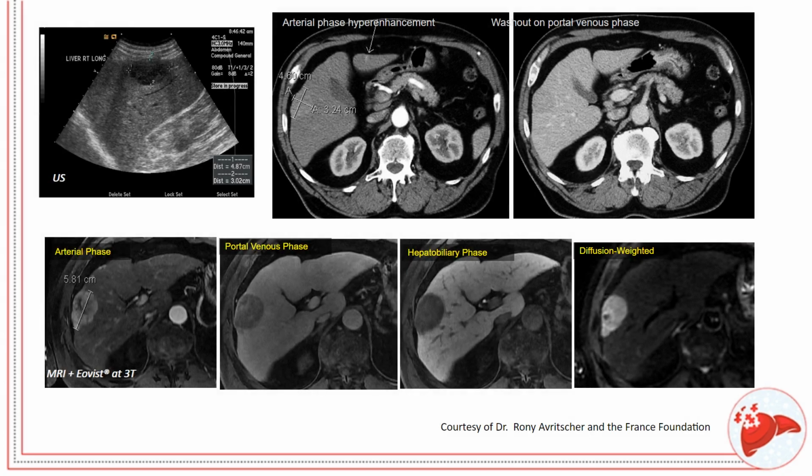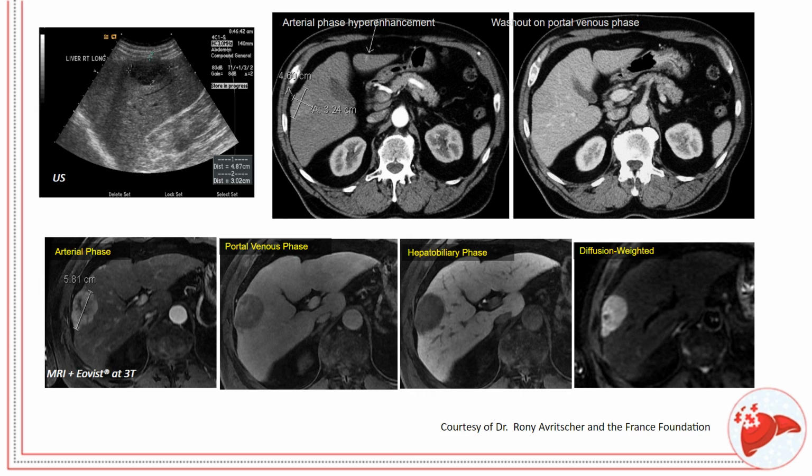In the past several years, there has been significant achievement in imaging studies for the diagnosis of hepatocellular carcinoma. So multiphasic CT or MRI is recommended as the initial diagnostic test for patients with cirrhosis.